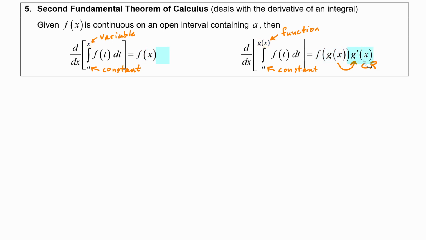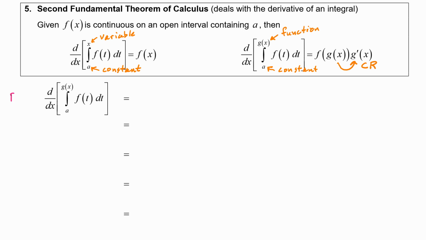And then g prime of x would just be the chain rule applied to x, which is just 1. That's why this simplifies to just be f of x. So what we're going to do right now is prove this more general rule so that you can understand why it works.